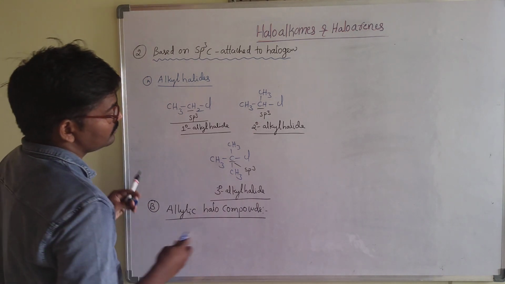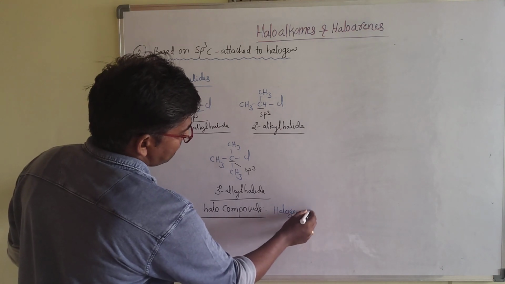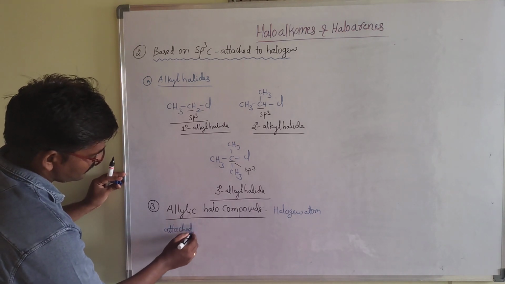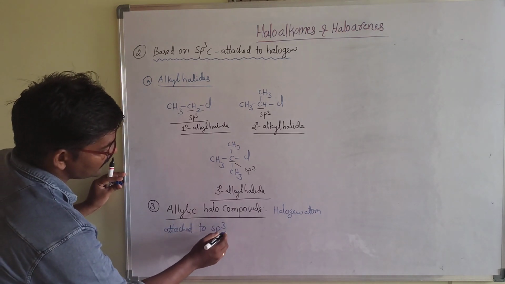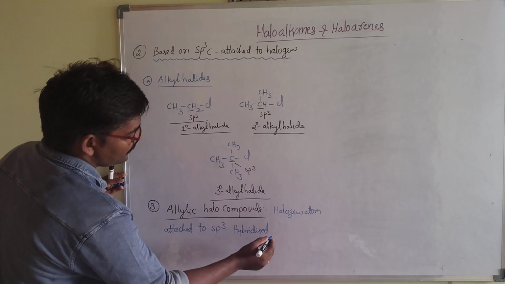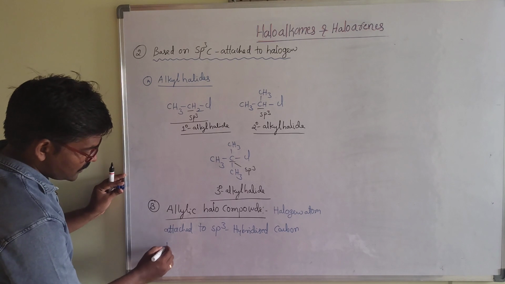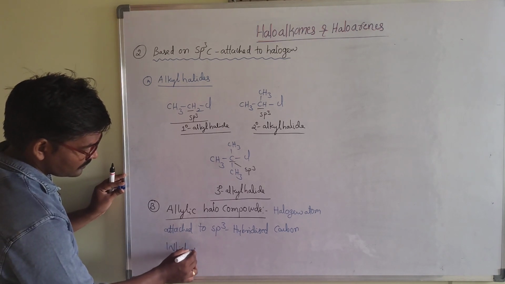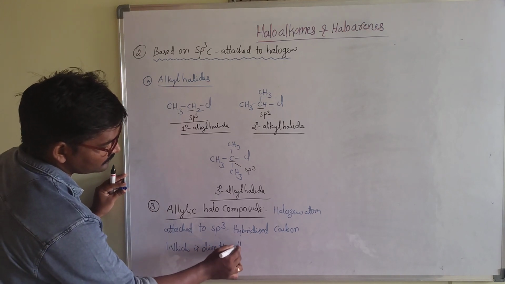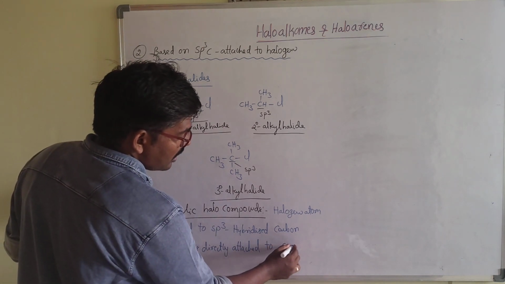The halogen atom is attached to an sp3 hybridized carbon, which is directly attached to a carbon-carbon double bond.